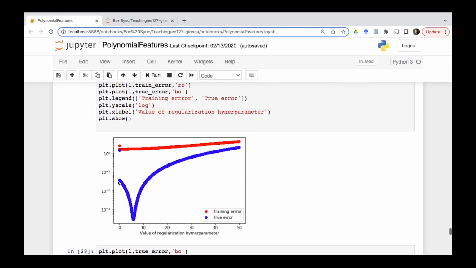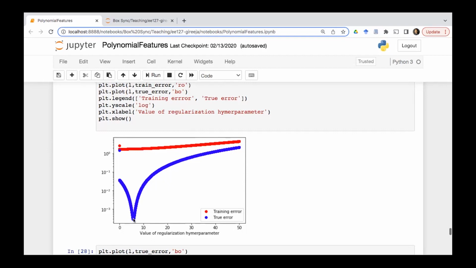For example, as lambda starts at 0, my true error goes down, down, down, and then pops back up. So you can look at this plot and believe me that it works, even though I didn't show you the polynomial. This is plotting the true error, right?